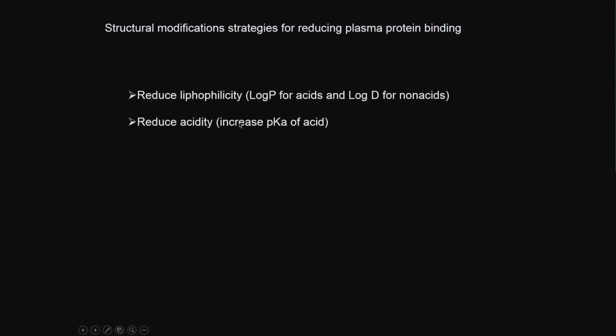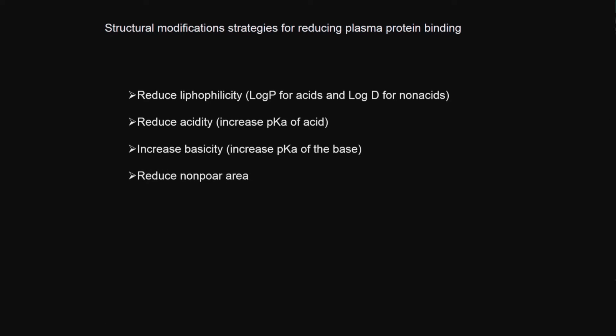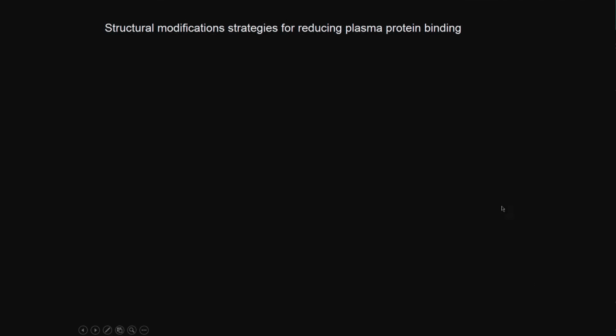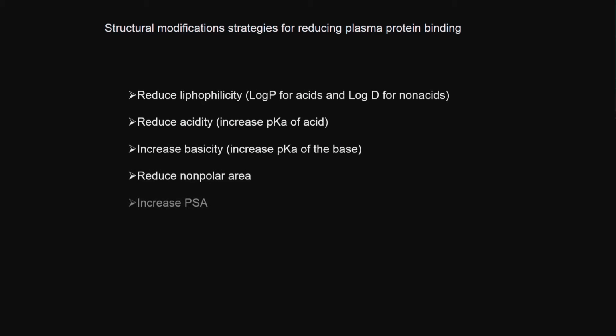Reduce acidity, increase pKa of acid, increase basicity, increase pKa of the base, reduce non-polar groups, reduce non-polar area, increase polar surface area, increase hydrogen bonding, and so on. So many different strategies one can follow to reduce the plasma protein binding effect.